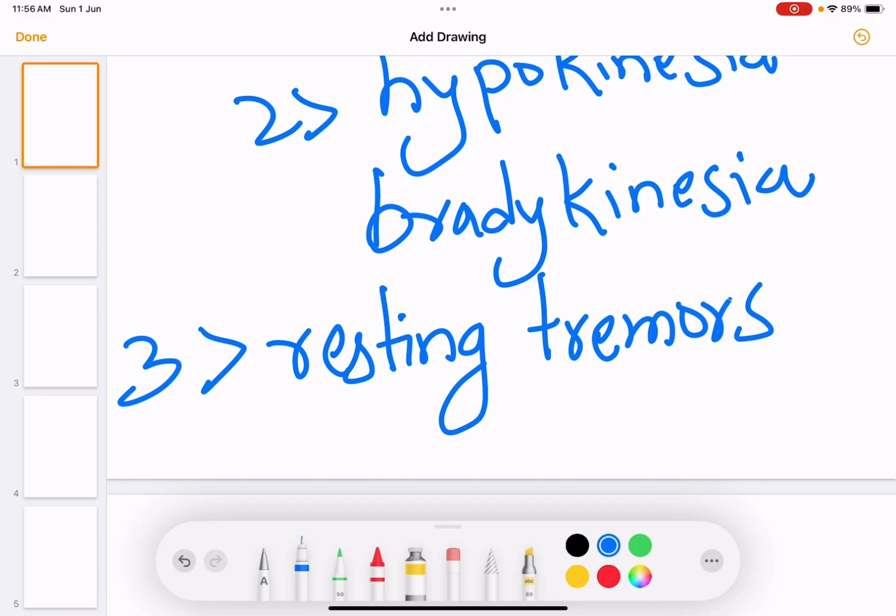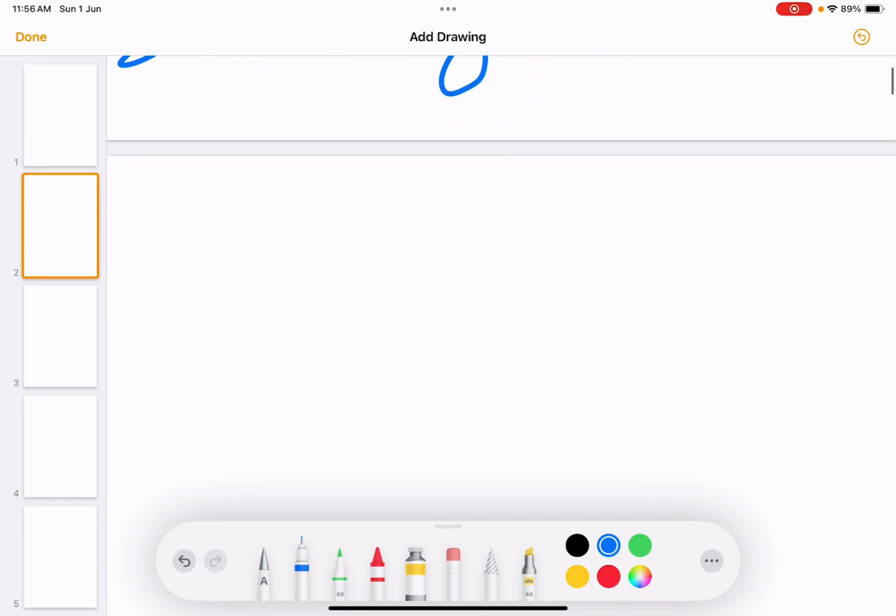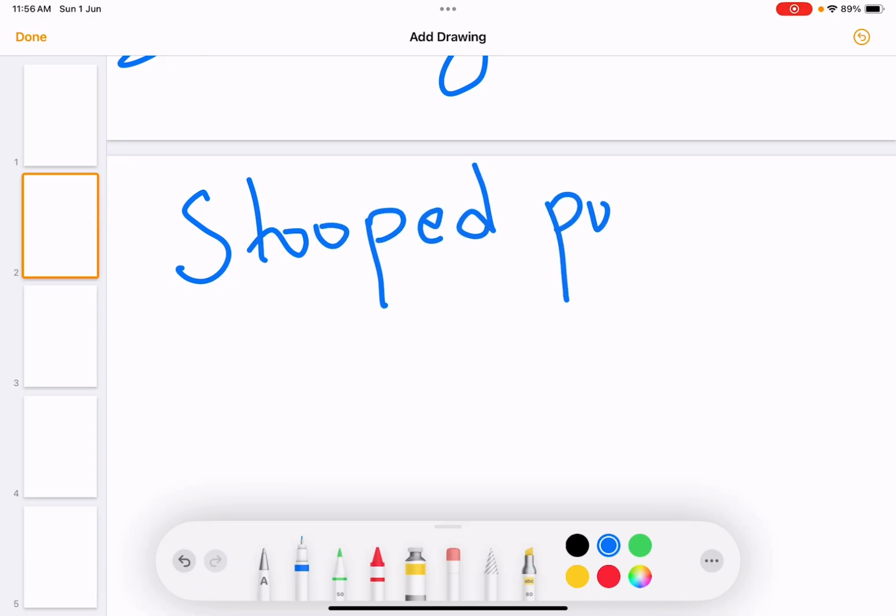Now, why does Parkinson's disease occur? It is a neurodegenerative disease, so it is mainly due to degeneration of dopaminergic neurons. Now, what are the other features of Parkinson's disease? So we have stooped posture. Basically, the patient leans forward to maintain the center of gravity ahead so as to maintain balance.